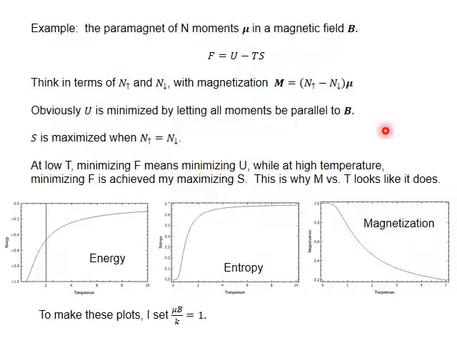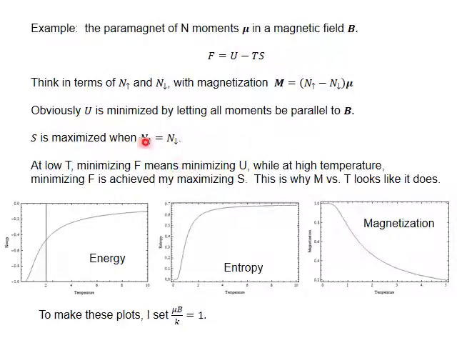What do we need to do to minimize F, and how is that related to the magnetization? Well, if it was just a matter of minimizing U, that's just making all moments parallel to B, because minus M dot B is the internal energy of the system.